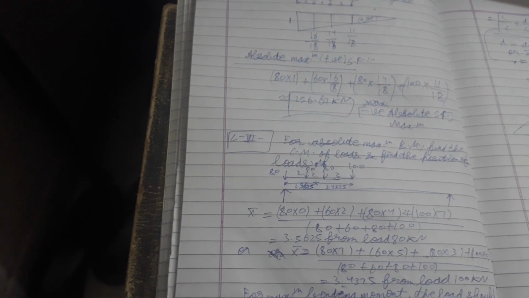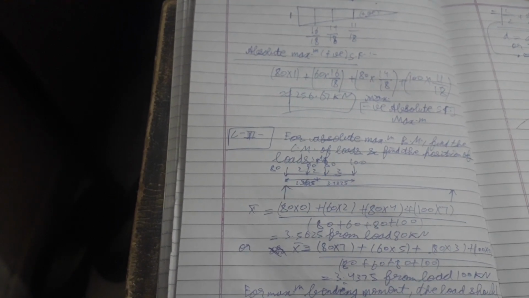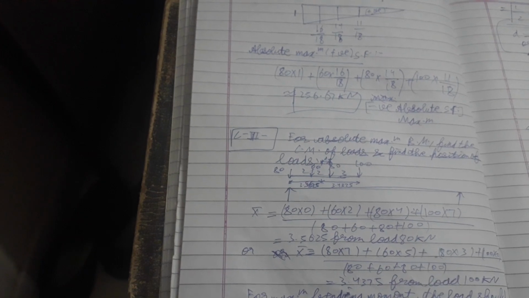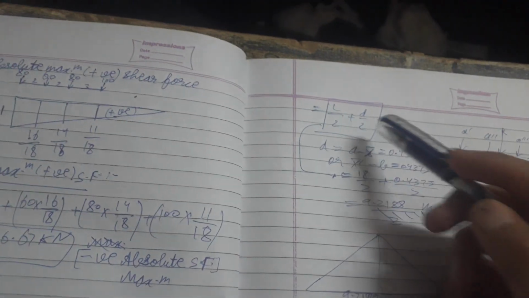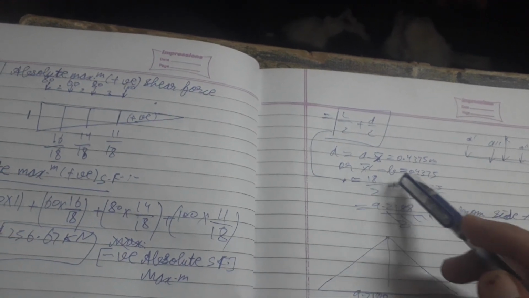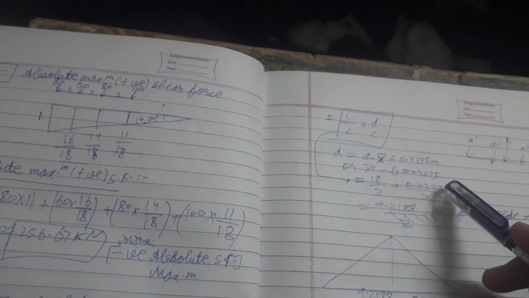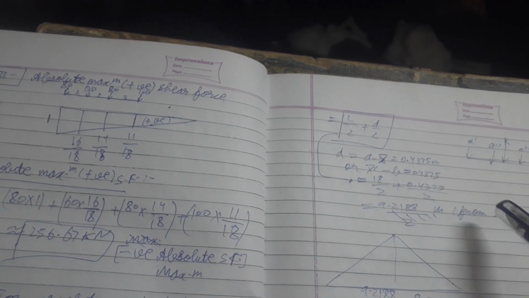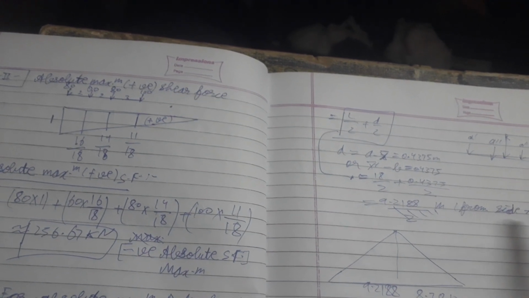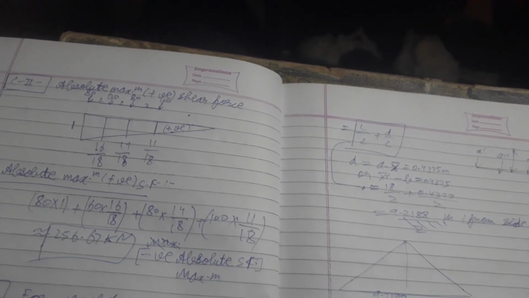For maximum bending moment, the load we place at a distance of L by 2 plus D by 2, which is equal to L plus D whole divided by 2. Then L by 2 plus D by 2, this is D is equal to A minus X bar is 0.4675, or X bar minus B is equal to 0.4675. It is equal to 18 by 2 plus 0.4375 divided by 2 is equal to 9.2188 meter from side A. A dash, A double dash, R, A triple dash, A 4 dash.